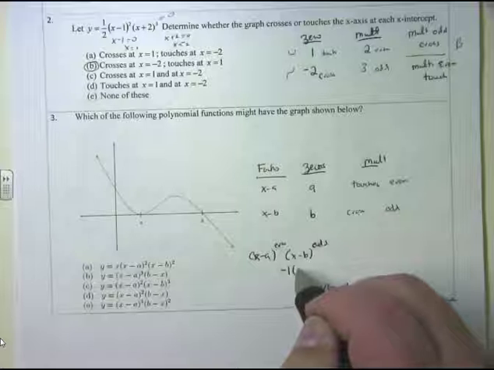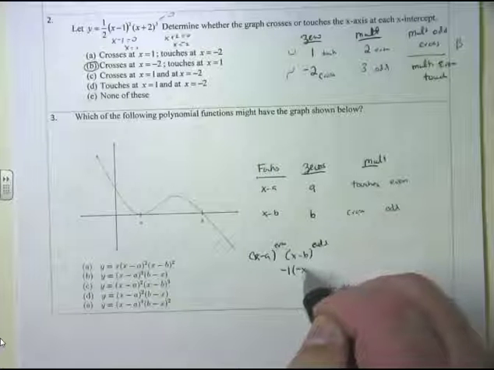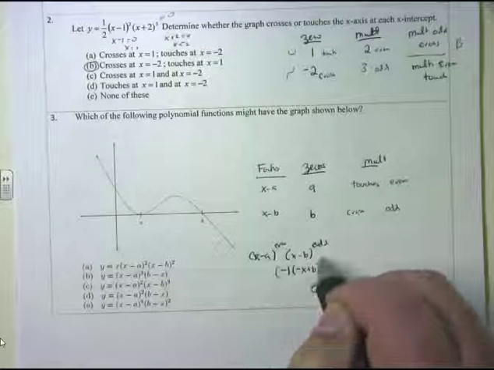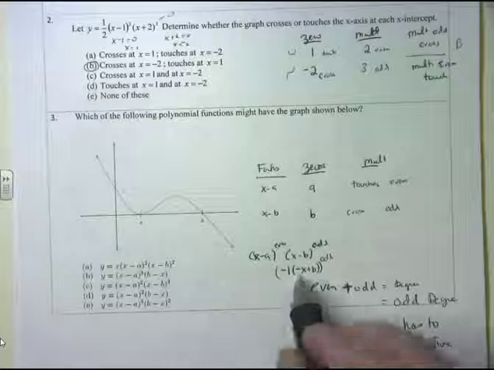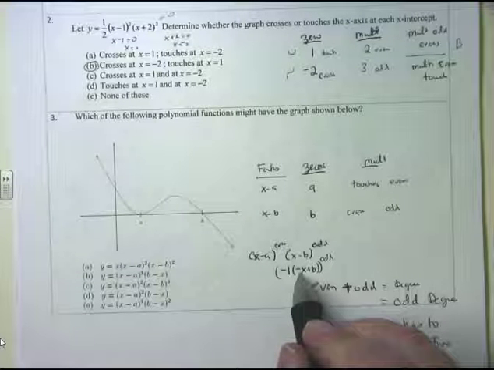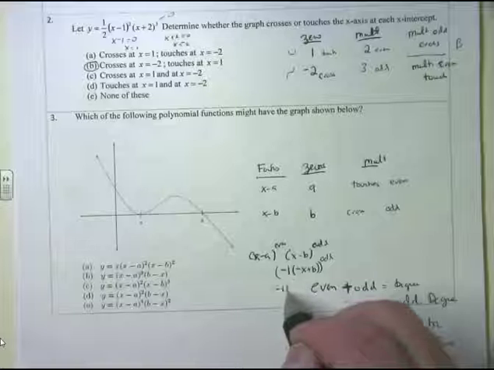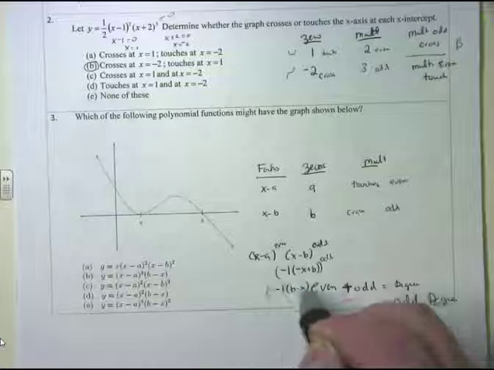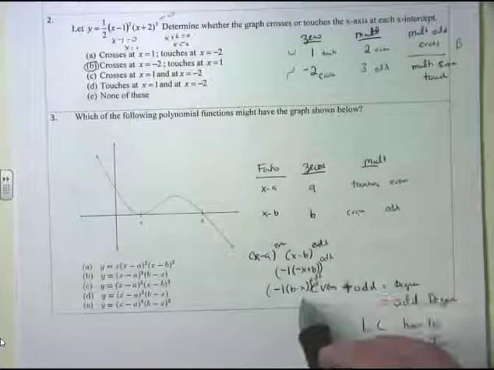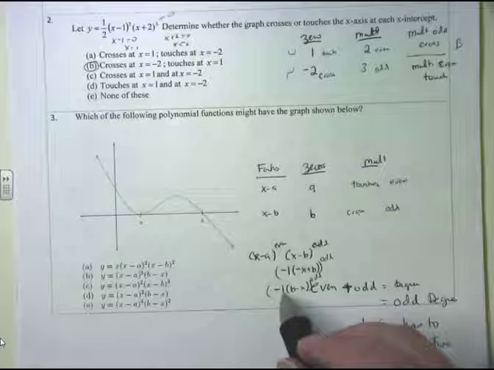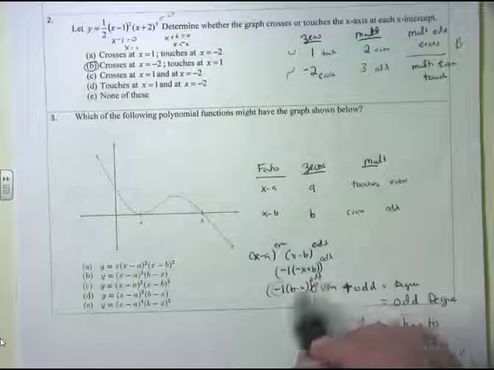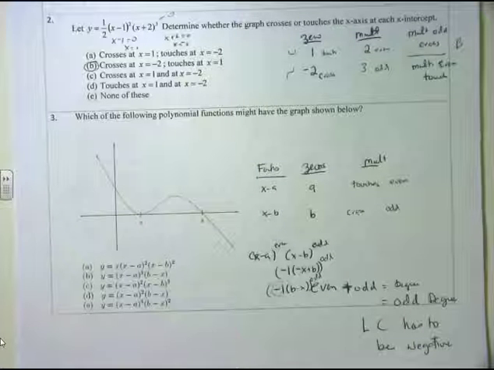Negative 1 times x minus b, raised to an odd power. Okay, so we can rewrite it as negative 1 times b minus x raised to an odd power. And because you take negative 1 and raise it to the odd power, that's going to be negative, which tells me that's going to have a negative leading coefficient.